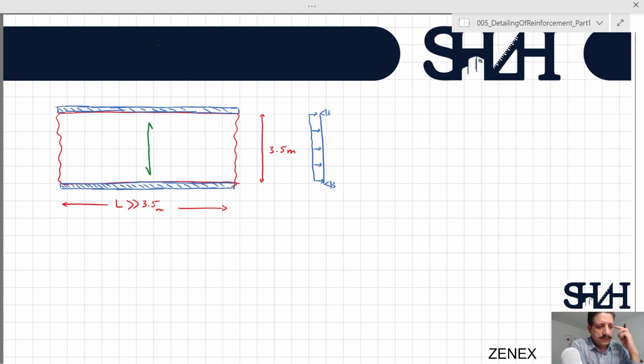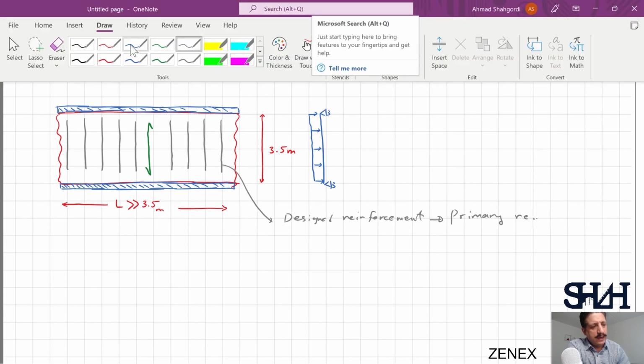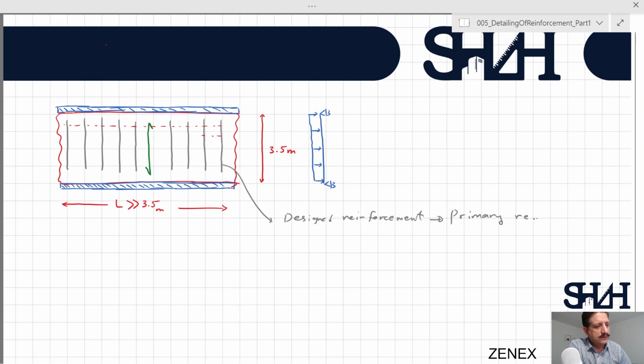As a result, for designing the reinforcement, we need to design the reinforcement in the loading direction, which is in this case in the direction of the green arrow. So then these are the designed reinforcement, which are called primary reinforcement. Also, we need to have the minimum reinforcement in the other direction. These are not designed for any load, and they are called secondary reinforcement.